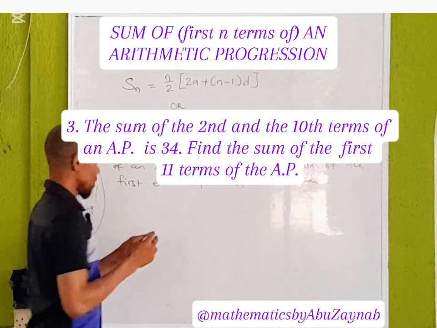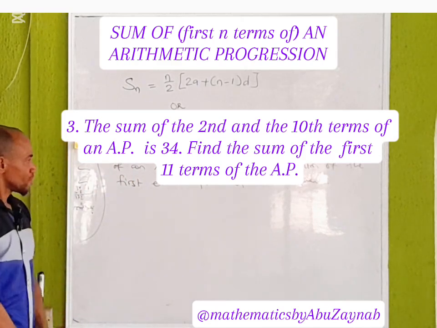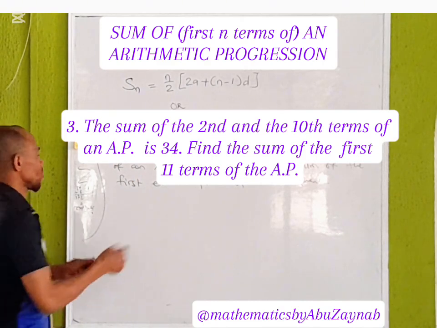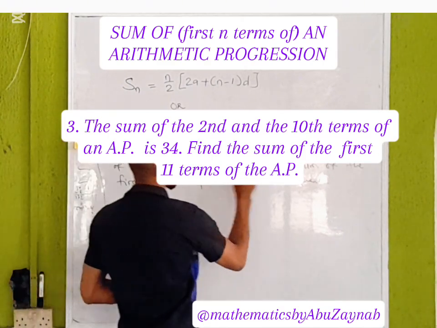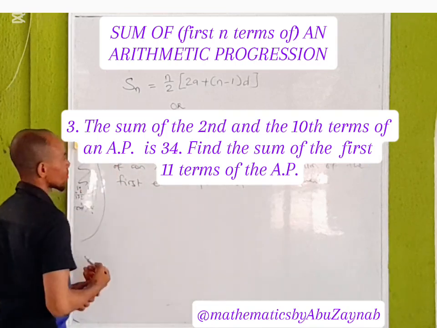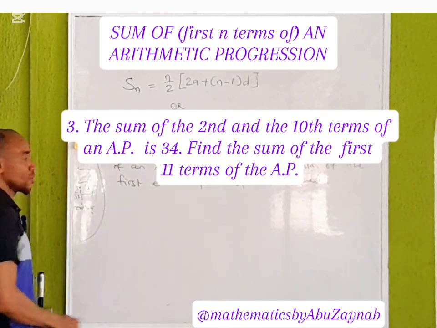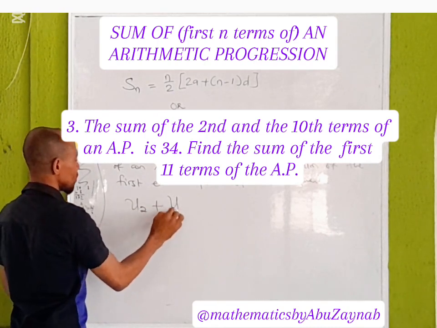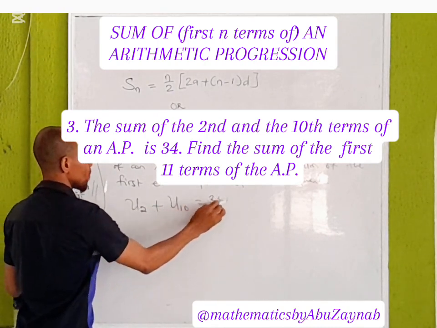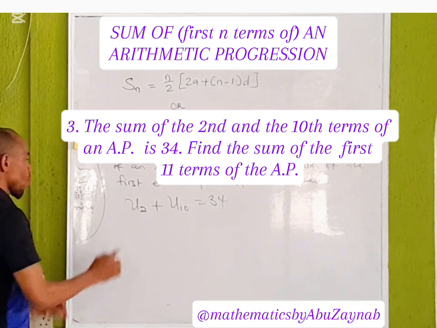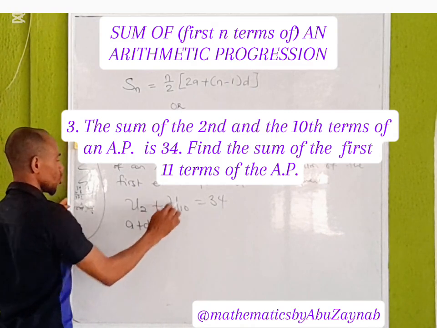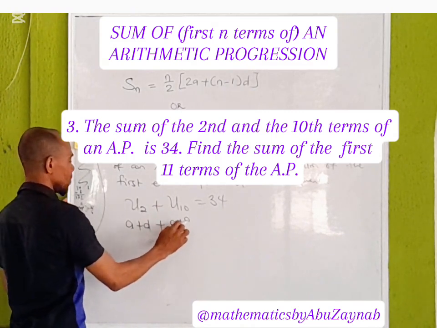This is a very interesting question, very brief indeed. Again, let's start from the known. We are told that the sum of the second and the 10th term is 34. So U2 plus U10 is 34. U2 is a plus d, and U10 is a plus 9d.